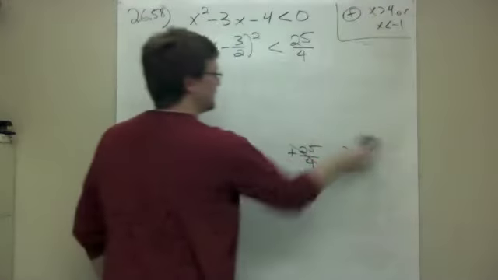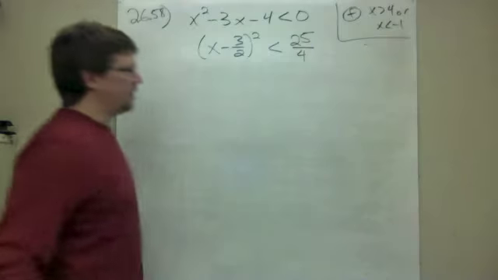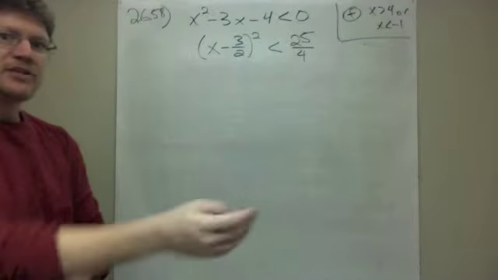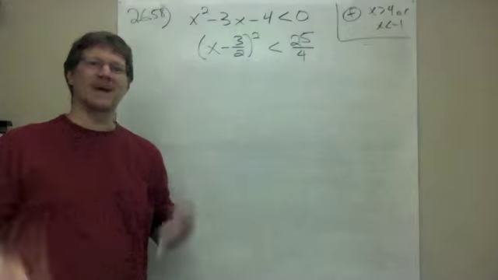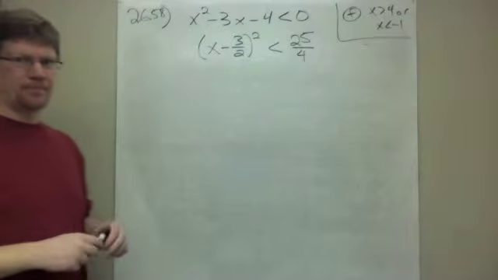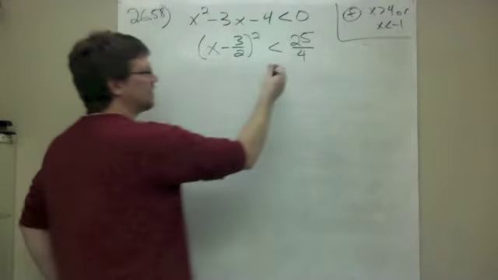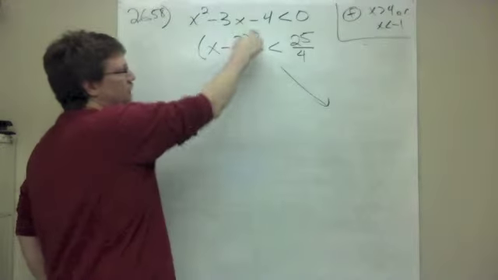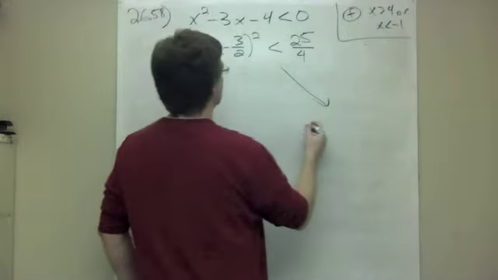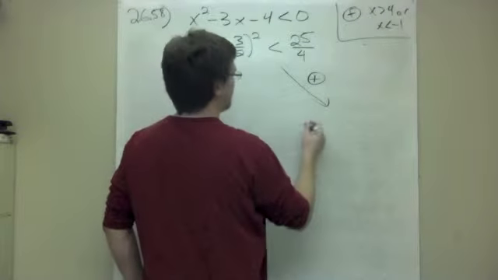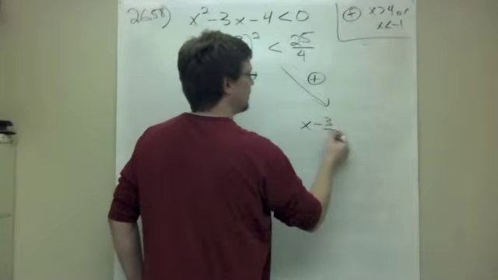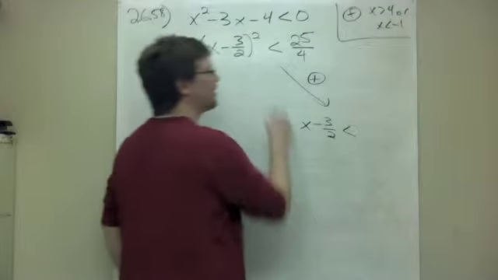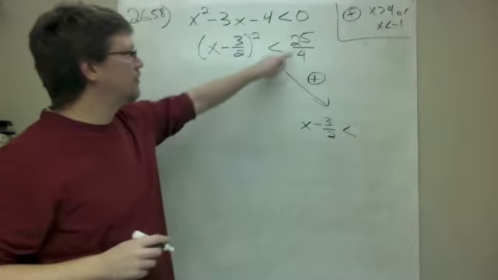Now we want to take a square root. But remember, with a square root we have to allow for both the positive and the negative. For the positive, the square root of this squared is just the thing inside. So x minus 3 halves is less than the positive square root of 25 fourths.